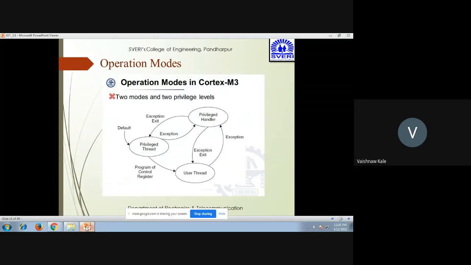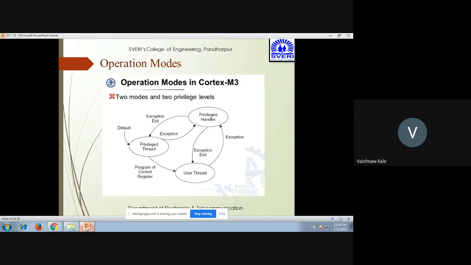So these are the two modes and two privilege levels. You can see there is a privileged thread, a privileged handler and a user thread. By default, it will be privileged thread. As soon as the exception occurs, it will go from privileged thread to the privileged handler. And when the exception exits, it will come back from the privileged handler to the privileged thread.